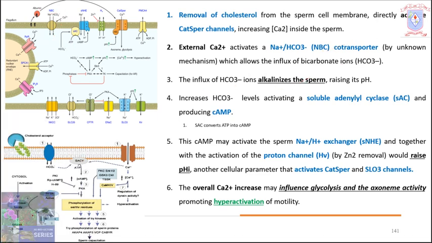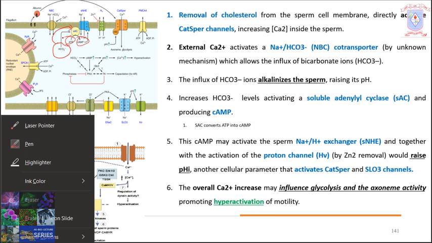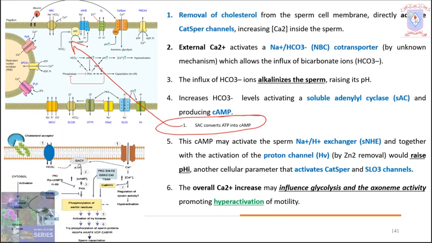So the increase in the HCO3 level activates an enzyme named soluble adenyl cyclase, that is SAC, and the SAC produces cAMP from ATP. So SAC converts ATP into cAMP. And this cAMP may activate the sperm sodium hydrogen ion exchanger.